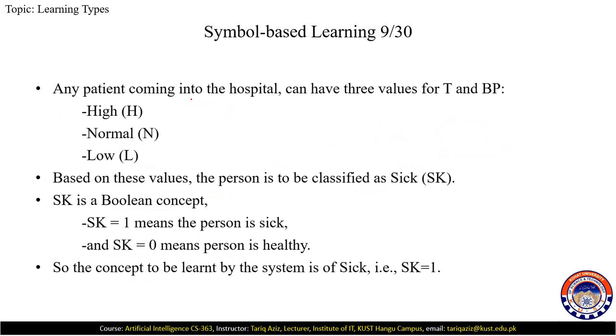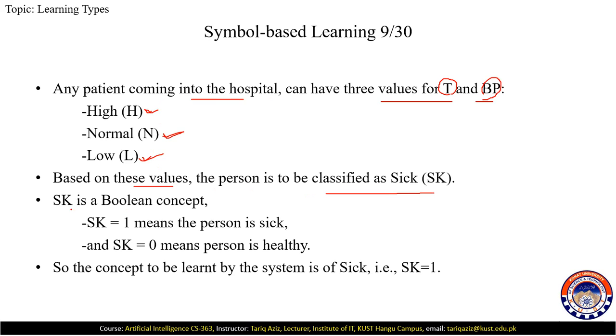Now, for a patient coming into the hospital, we can have three values for temperature and blood pressure. It can be high, represented by H, normal, represented by N, or low, represented by L. So both of our attributes, the temperature and blood pressure, can be either high, normal, or low. Based on these values, the person is to be classified as sick.